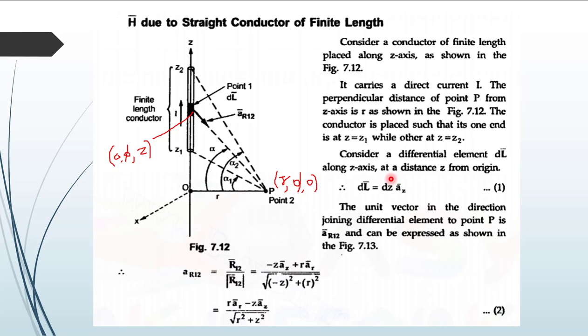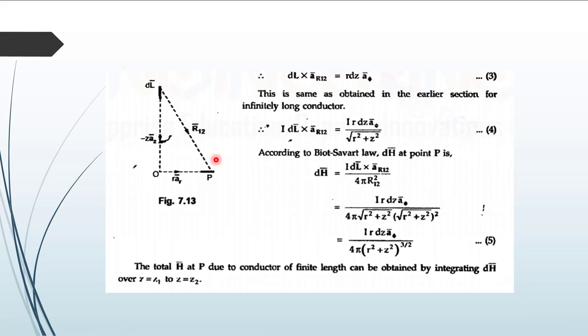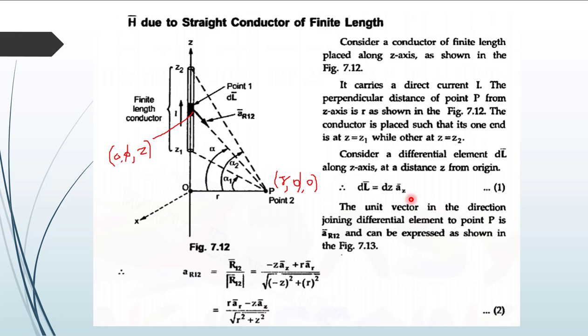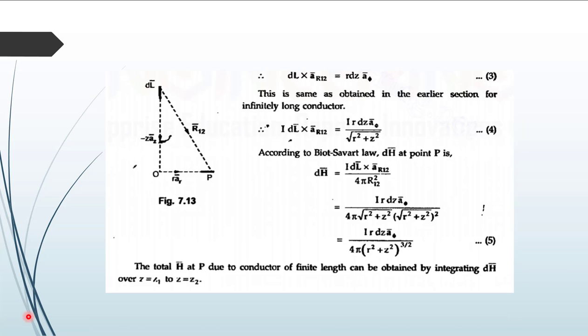If you take the cross product of dl and A cap R12, then after multiplication we will obtain R dz into A phi cap, because AZ cross AR is A phi and AZ cross AZ is 0. So we got dl cross A cap R12 is equal to R dz A phi cap.